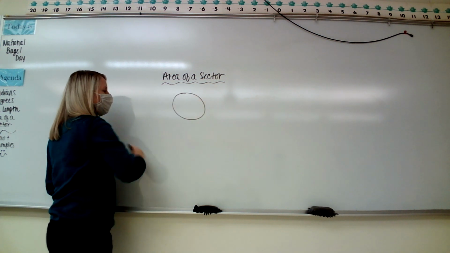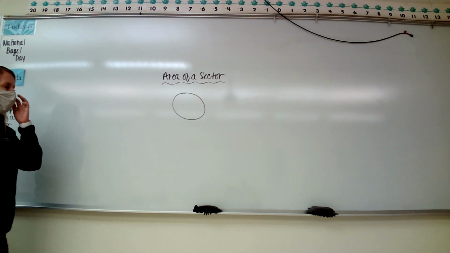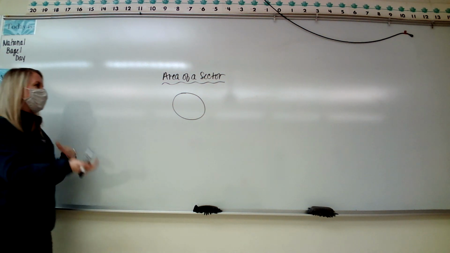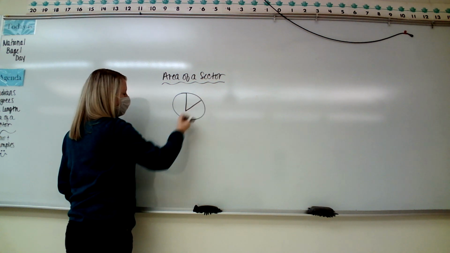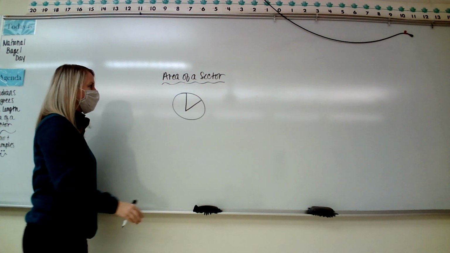We're going to talk about circles a lot this chapter, and basically taking pieces of them. If you take a piece of a circle, it still looks like a triangle. That's kind of a bad circle, but you get the idea.